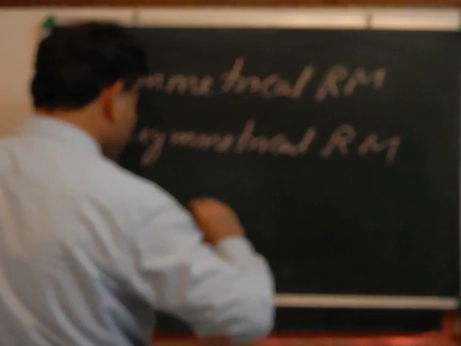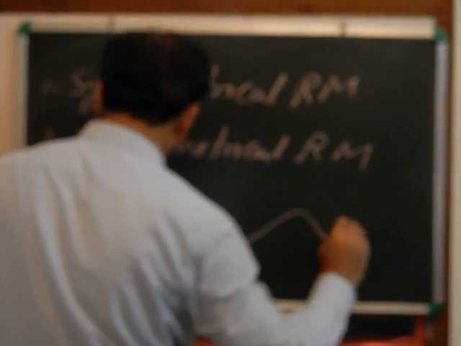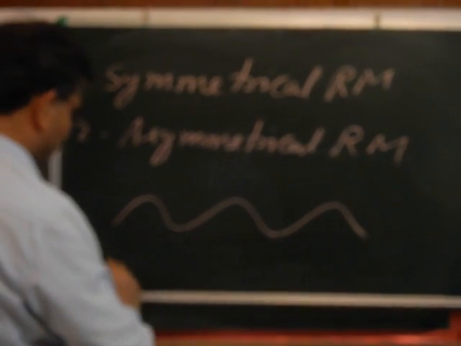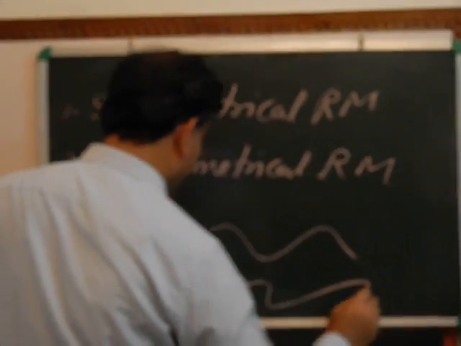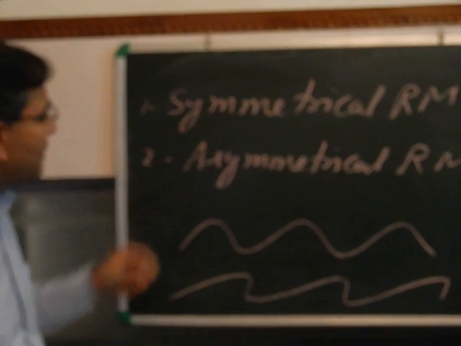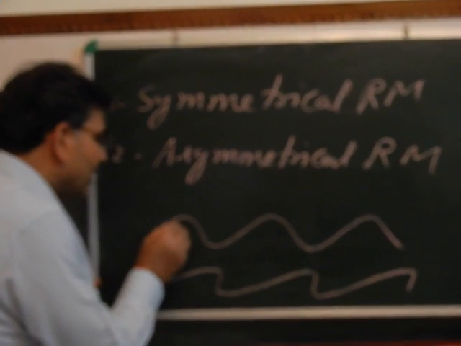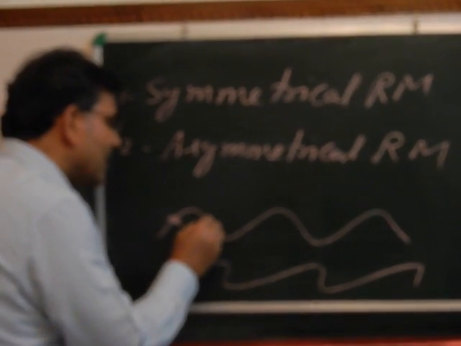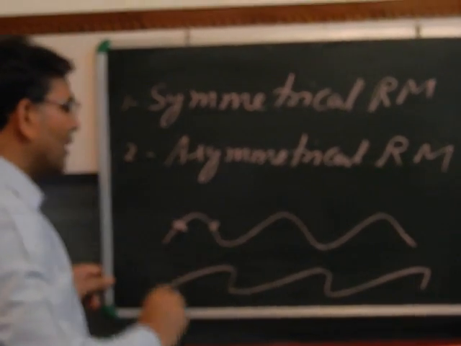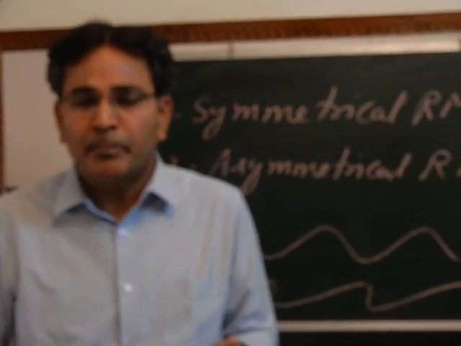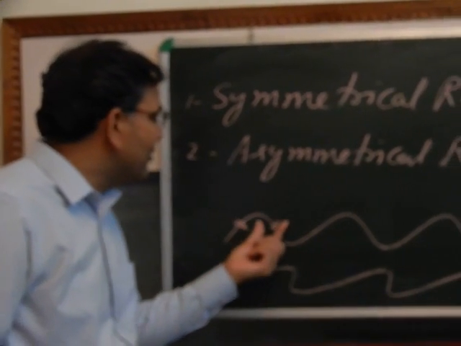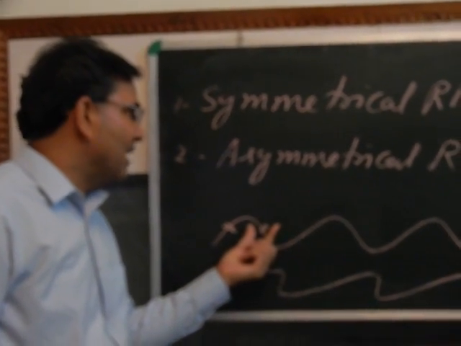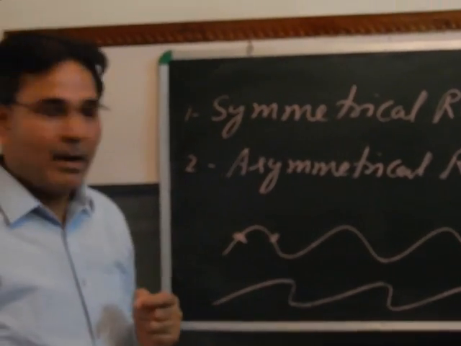This is symmetrical ripple marks, and this is asymmetrical ripple marks. In the case of symmetrical ripple marks, the Stoss side is roughly equal to the lee side. The slope gradient, the inclination, the angle of Stoss side is roughly equal to the angle of lee side, then that is known as symmetrical ripple marks.